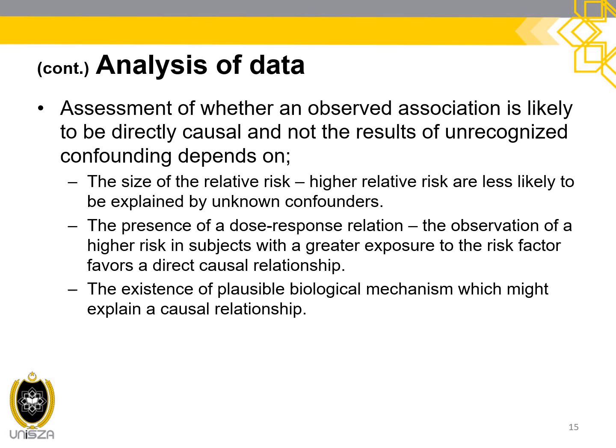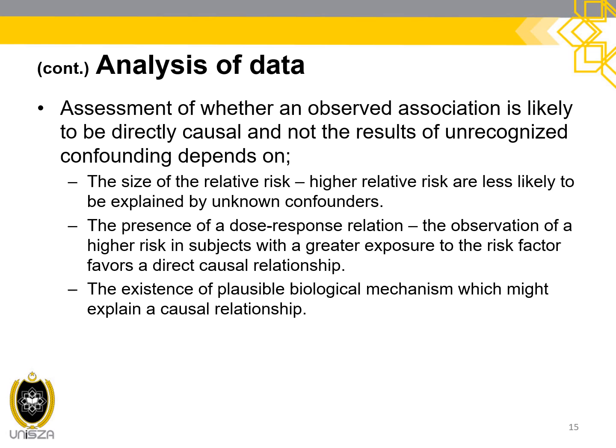Assessment of whether an observed association is likely to be directly causal and not the result of unrecognized confounding depends on, first, the size of the relative risk, where higher relative risks are less likely to be explained by unknown confounders.